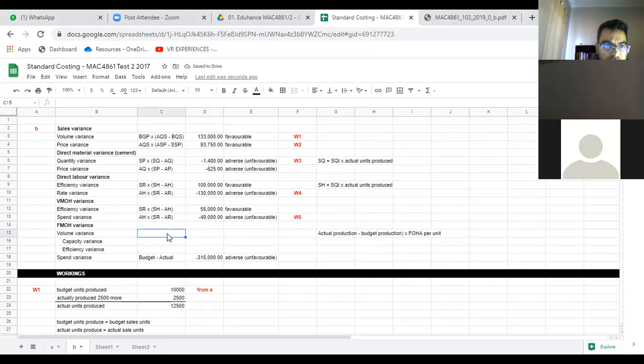So it is actual production minus budgeted production, and we're going to use fixed overhead applied, very important, per unit.